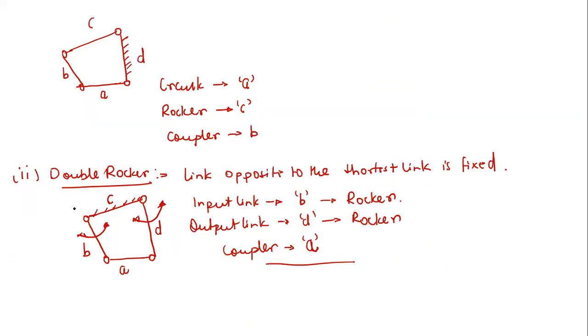And in this double rocker case, if you observe, this coupler A also makes a full rotation. So what is happening? In every case, at least one link is rotating.